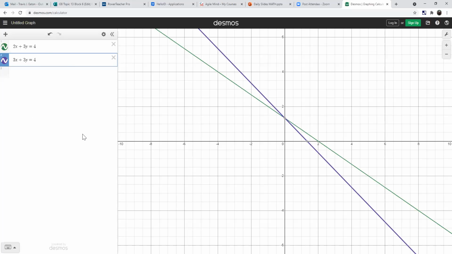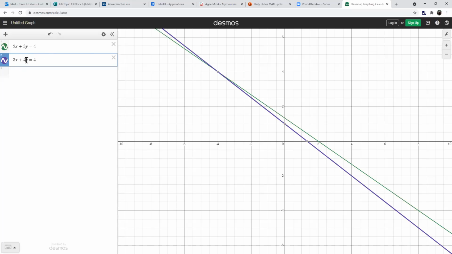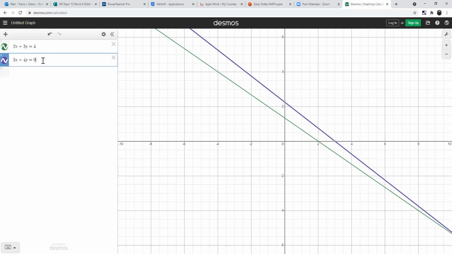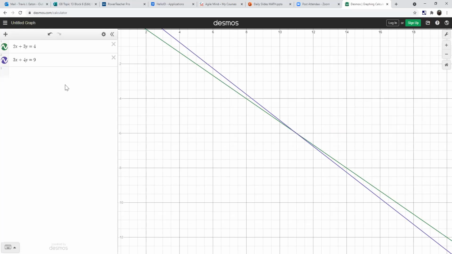I could have changed two things. Like I could have changed 3y to, how about 4y? You can see they still have an intersection. And then I could change my other term, and if you look down here, there will be an intersection right there.